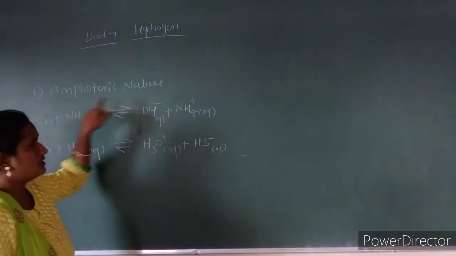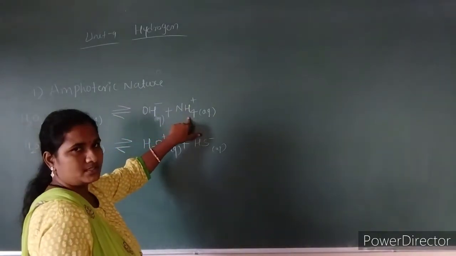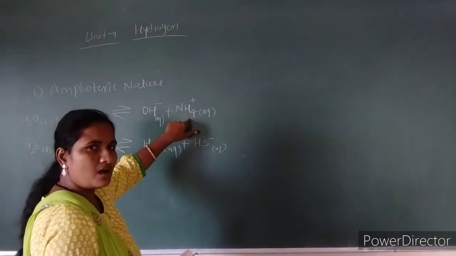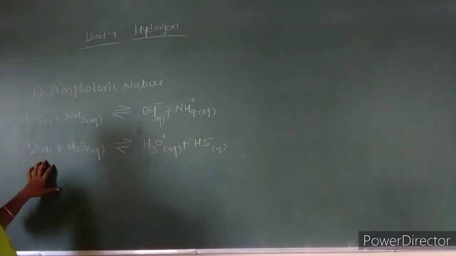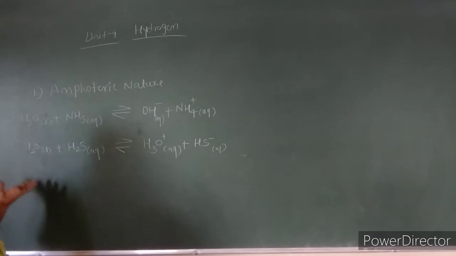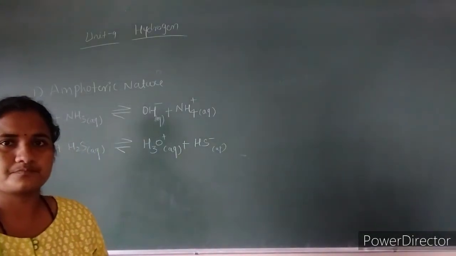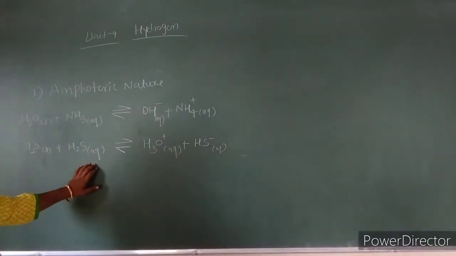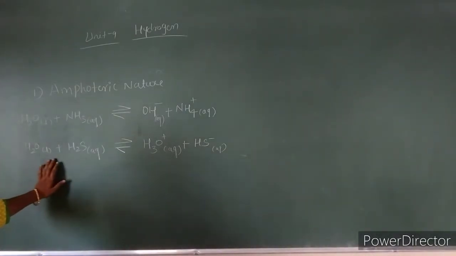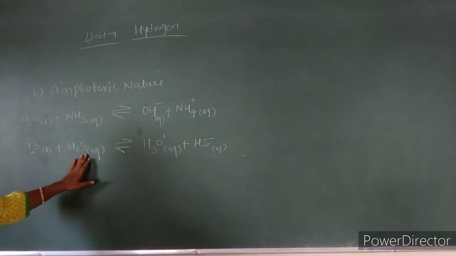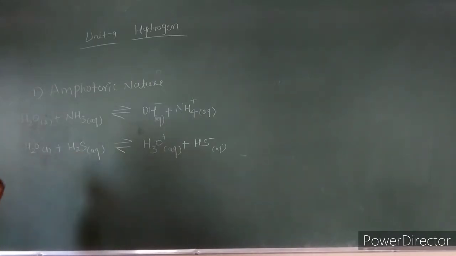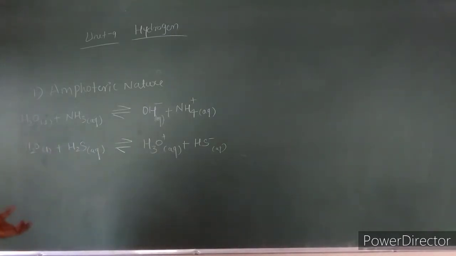So NH3 will convert into NH4+, the ammonium ion. And in the second reaction, water behaves as a base by accepting the proton from hydrogen sulfide. In this way, it shows amphoteric nature, meaning it acts as both an acid as well as a base.